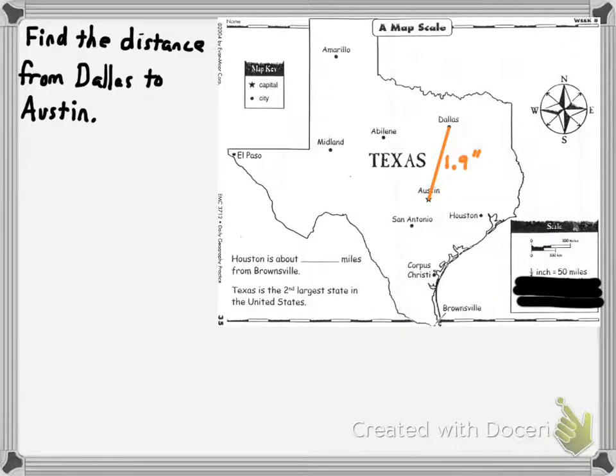Now, I'm going to use the same idea. What I mean to say is I'm going to make a ratio between the dimensions in real life and the dimensions on the map, so my real life to map ratio.